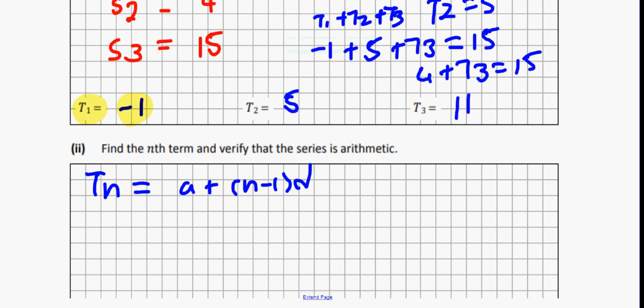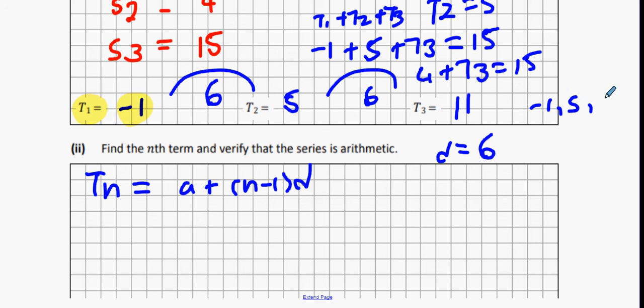It jumps in gaps of 6, so the d value will be 6, because from minus 1 to 5 is a gap of 6, and 5 to 11 is also a gap of 6. So it's going to be 6n minus 6, and the general formula will be 6n minus 7.